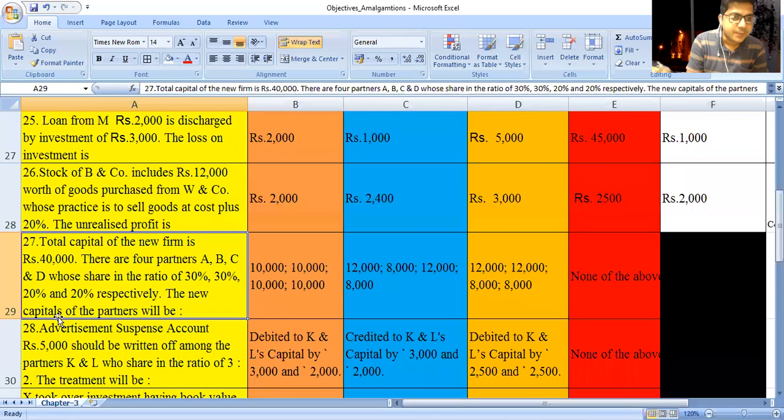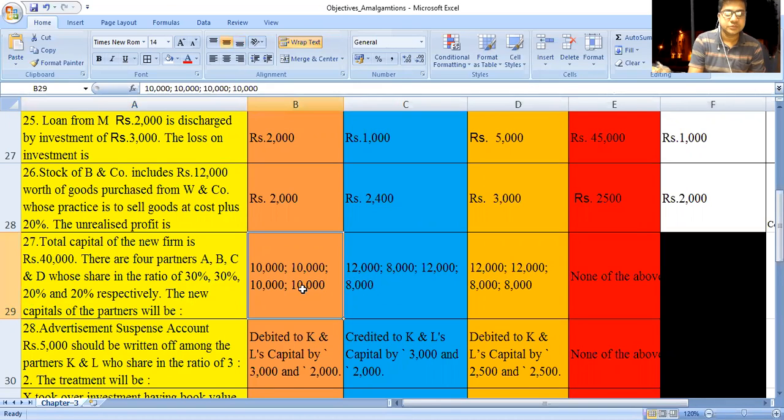The new capital of the partners will be? Yes, total capital of the new firm is 40,000. Now this 40,000 we will distribute among the partners A, B, C, D, and their profit sharing ratio is 3:3:2:2. So how will we distribute it?